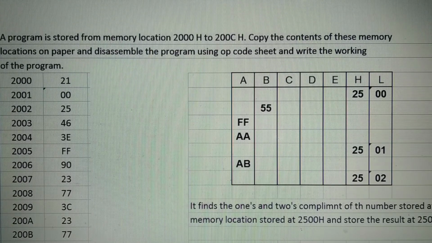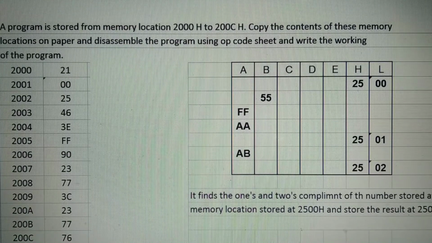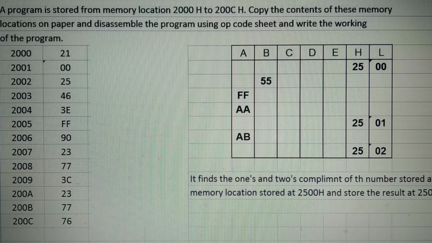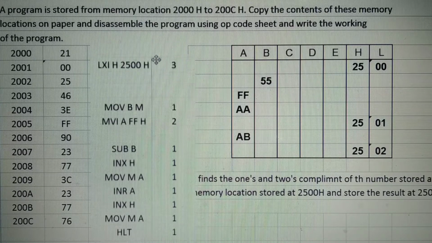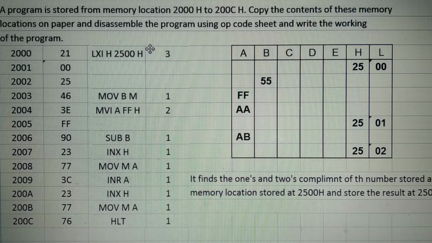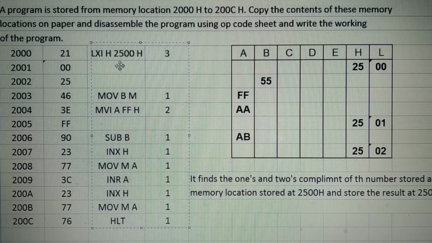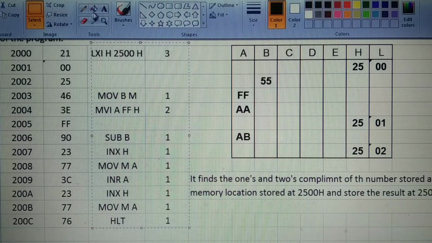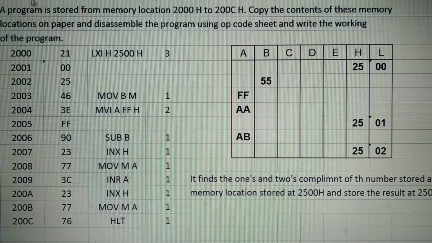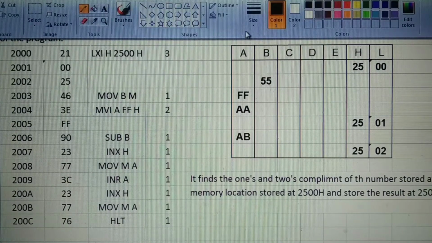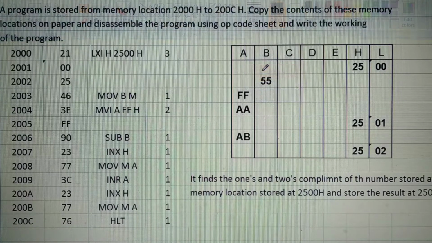I will add the instructions here. The first operation code is 21. You go to the instruction sheet and find out the instruction.